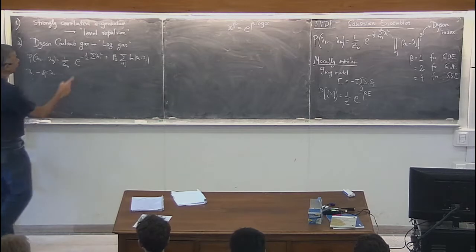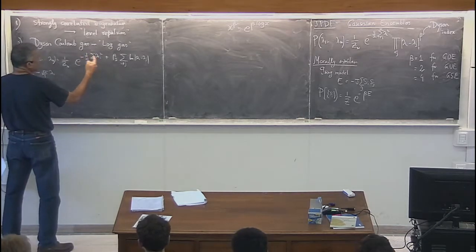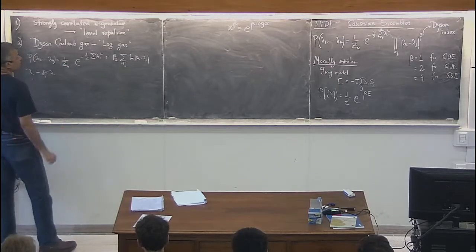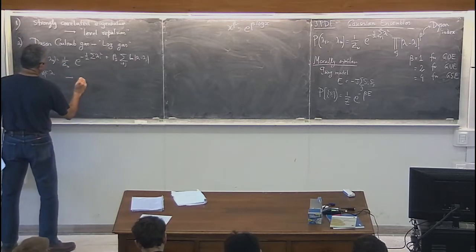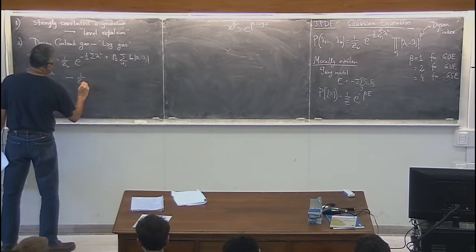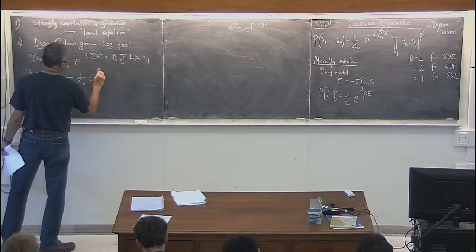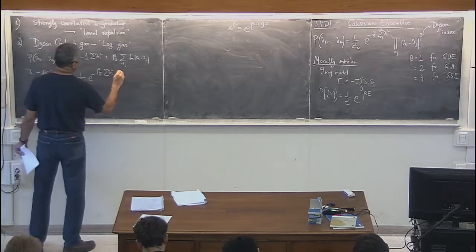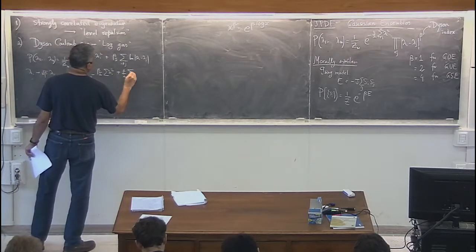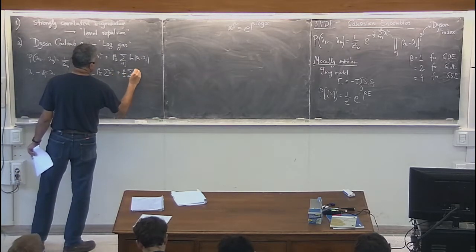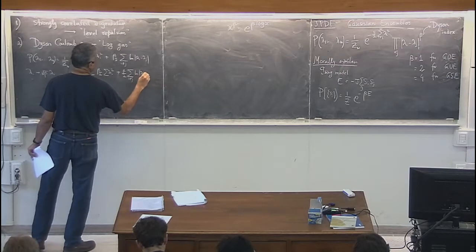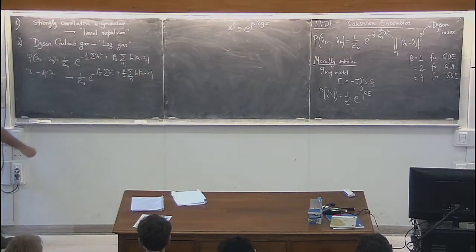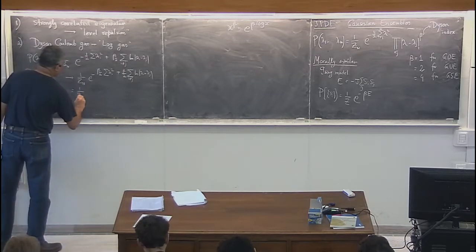So under rescaling, I can always write this as exponential of minus beta by 2 summation lambda_i squared plus beta by 2 times the log terms. So I can write it like a Boltzmann factor, like in the Ising model.